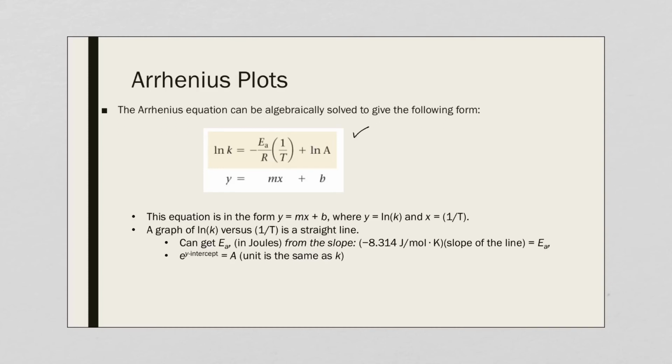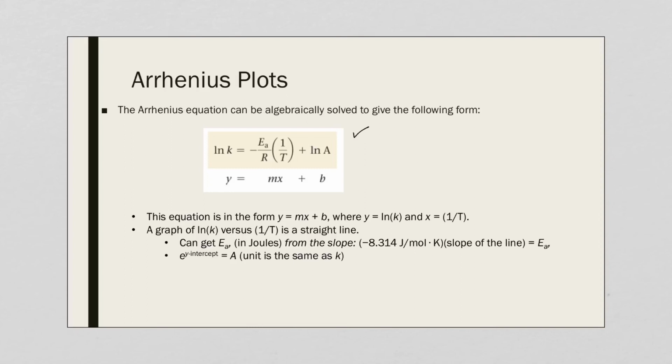You notice we got rid of the exponential. Those exponentials become natural logs when we modify the equation. The algebra of this is shown a little bit more in the book, but what I'm more interested in is just the new form of this Arrhenius equation.